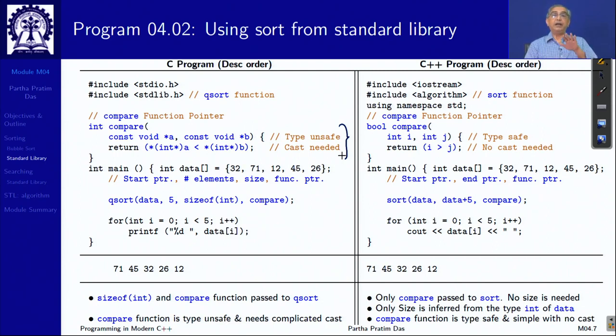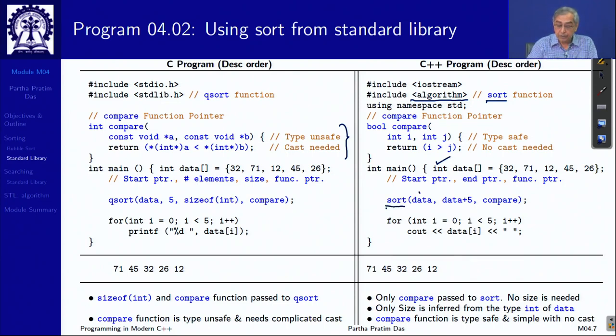C++ standard library also provides a sorting function. It is called sort, and it is provided in the standard library component called algorithm. Algorithm is a component of the C++ standard library which gives you a number of algorithms. So, when you call sort, again we have the same data array for the elements which we want to sort.